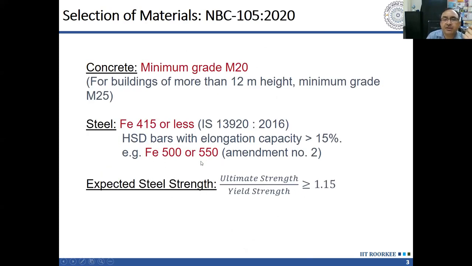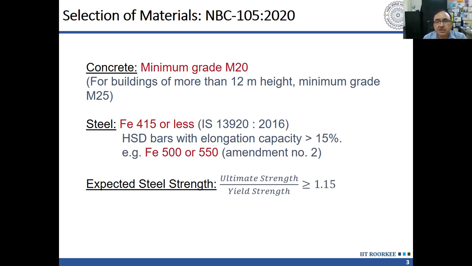Not more than 550 is currently allowed, and it should be ensured that the steel has total elongation, that means ultimate strain, of more than 15%. If the ultimate strain is less than 14.5%, then that steel cannot be used in seismic areas, and Nepal as well as India are both seismic throughout. So we cannot use any steel with less than 14.5% total elongation.